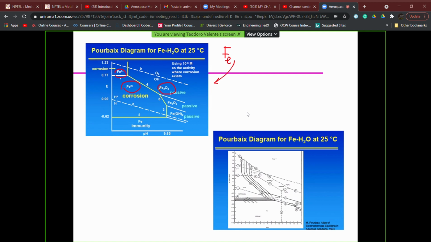In the case of iron, for example, we can have a passive state. And on the Pourbaix diagrams, the two straight lines of hydrogen reduction and oxygen reduction are always reported.